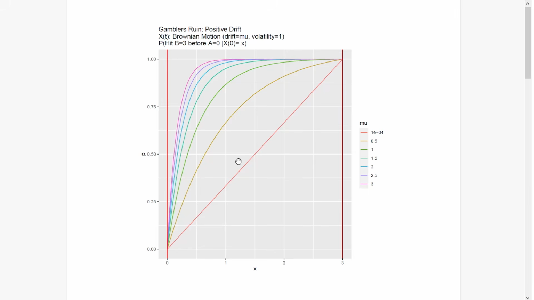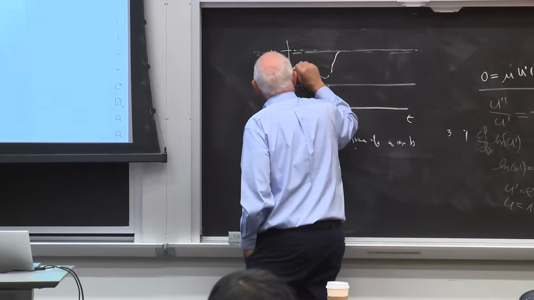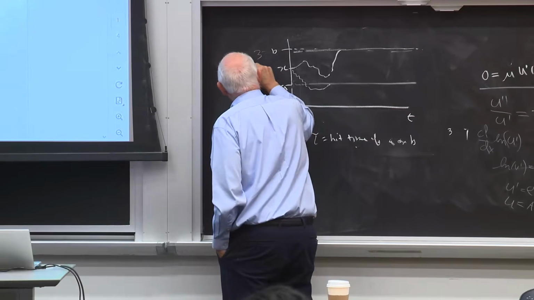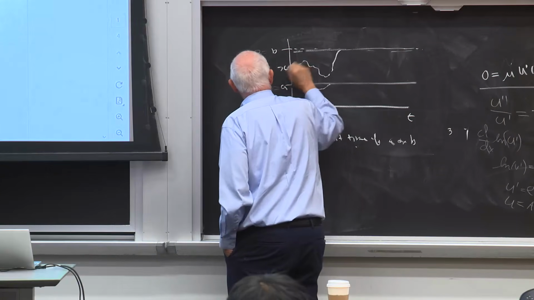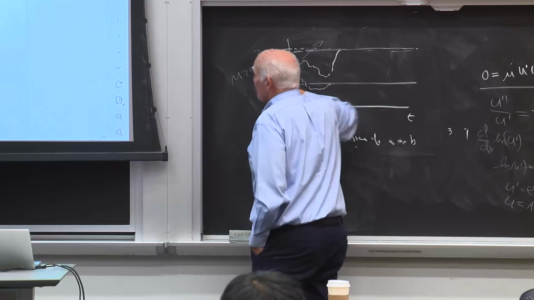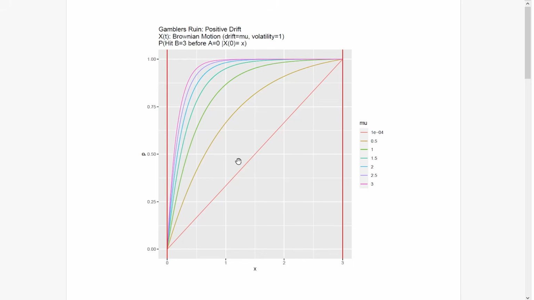Okay, and if our mu is very high, so the trend is up in the Brownian motion. So basically, if mu is greater than 0, then we have an upward trending path on average, and we get high probabilities of hitting B first. And as we decrease the drift from 3 down to 0.5, we get this brown curve.